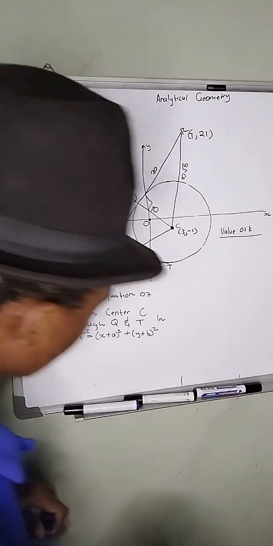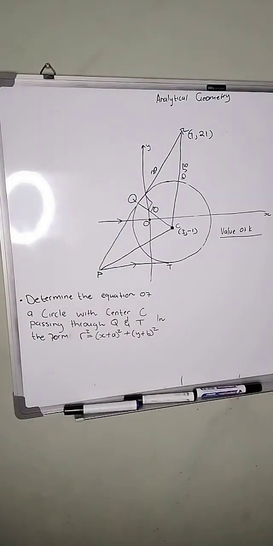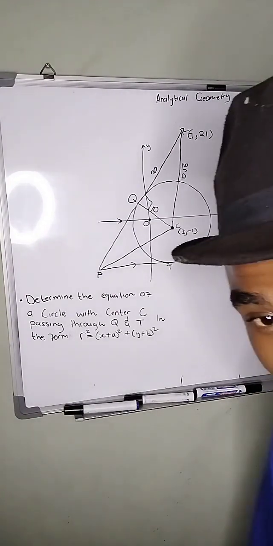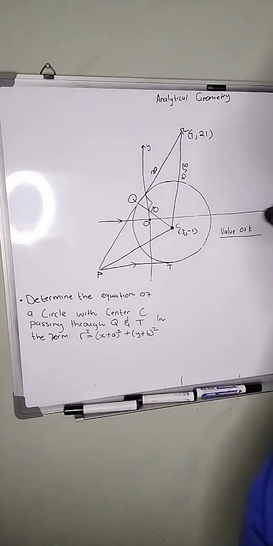So how can we rewrite this? Which value belongs to what? What's going to be my value of r by looking at this circle? The value of r, guys. What is going to be my value of r?